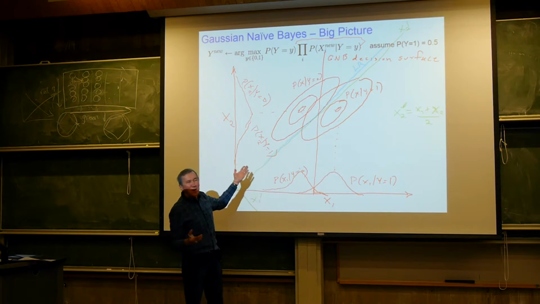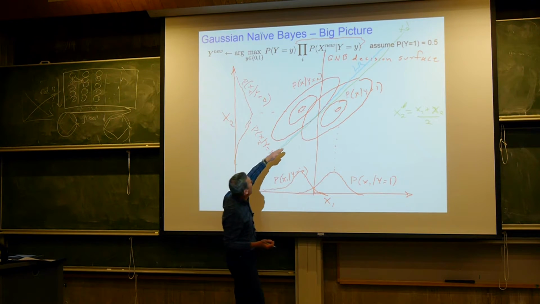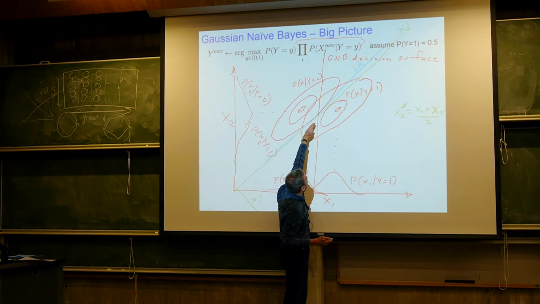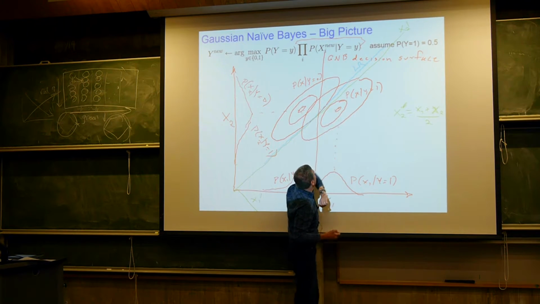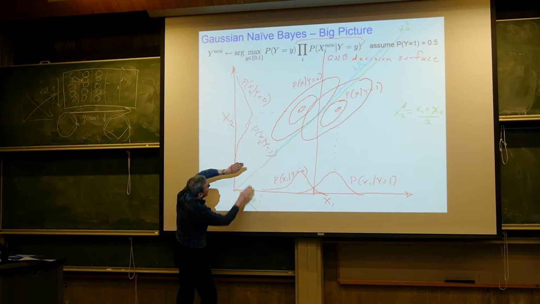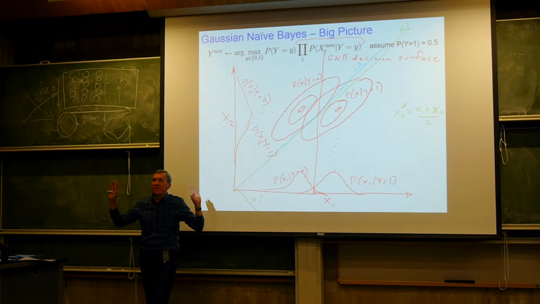And now, this is going to work great. Because now, in terms of the p of x2 prime given y equals 1 and 0, I'll have two different distributions. This one will be a Gaussian that peaks here on x2 prime versus there. And of course, in terms of x1 prime, I'll get a beautiful split as well. So I'll do just fine.